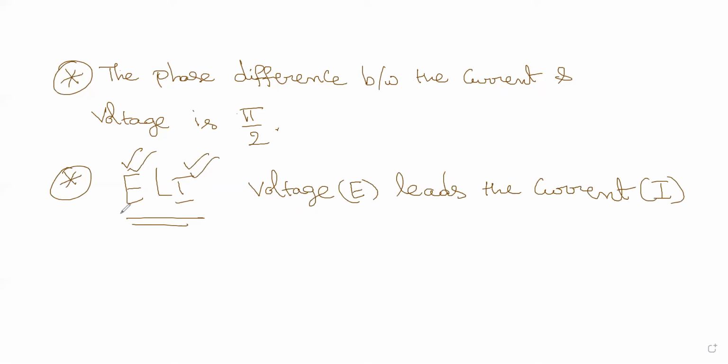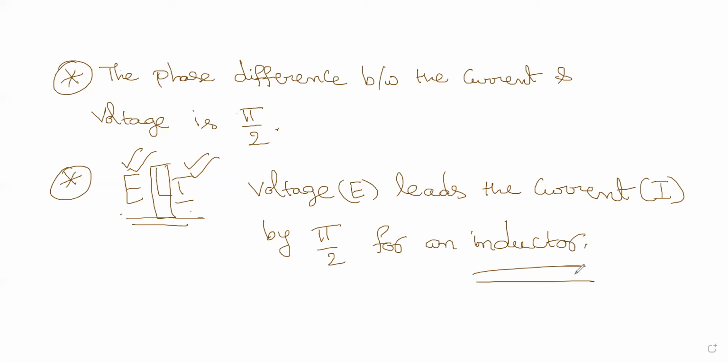Voltage leads current by pi by 2, for an inductor. This is how one can remember. The overall phase difference is pi by 2. You can take the positive value, so it is pi by 2. But with LI the ICEman, if you remember, voltage leads the current by pi by 2.